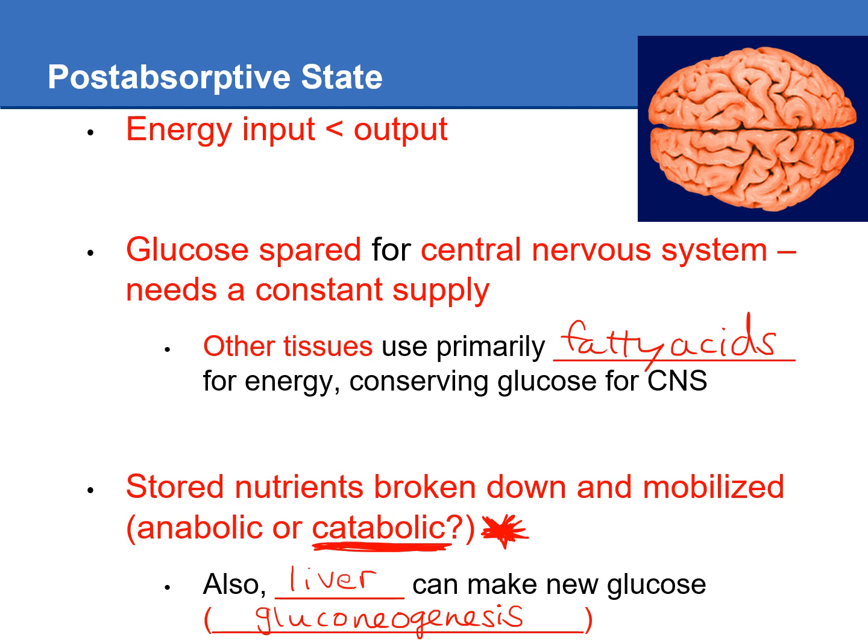Remember, that's mostly the liver that does that. So the liver is always a pretty good guess if you're not sure with metabolism. So the liver will do gluconeogenesis. It'll make new glucose from things that aren't carbohydrates, and then release this newly made glucose into the blood, and then make that available for the brain to use, and then that'll raise the blood glucose and make sure it doesn't get too low, and then the brain will stay happy.